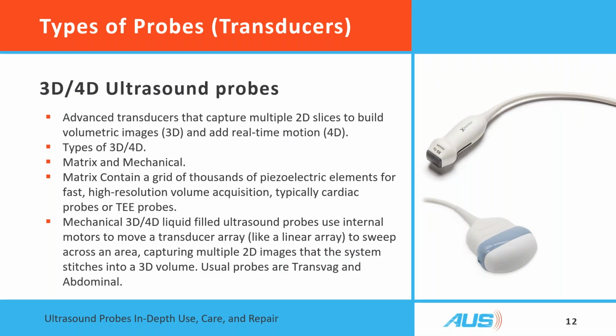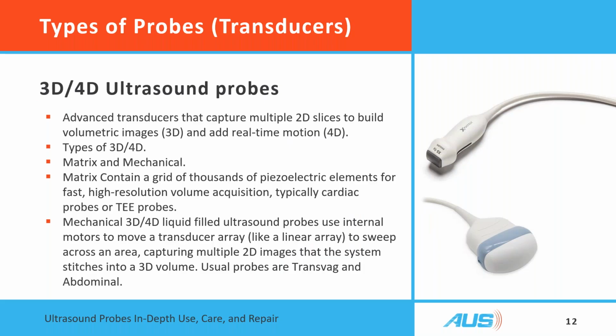The bottom picture on the right shows a mechanical 3D, 4D probe, which is basically a 2D probe on a motor inside of fluid that allows the scan head to move back and forth and take many hundreds of 2D images, stitch them together, and create a 3D, 4D image. It's called rendering. The mechanical 3D, 4D probes were the original ones designed.